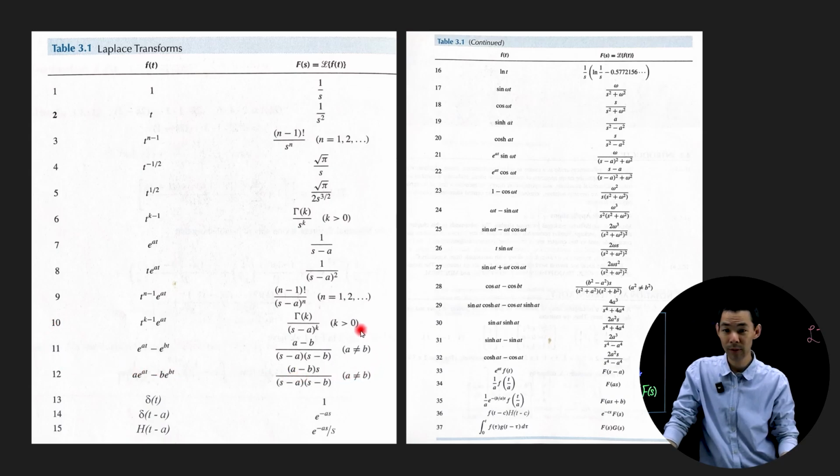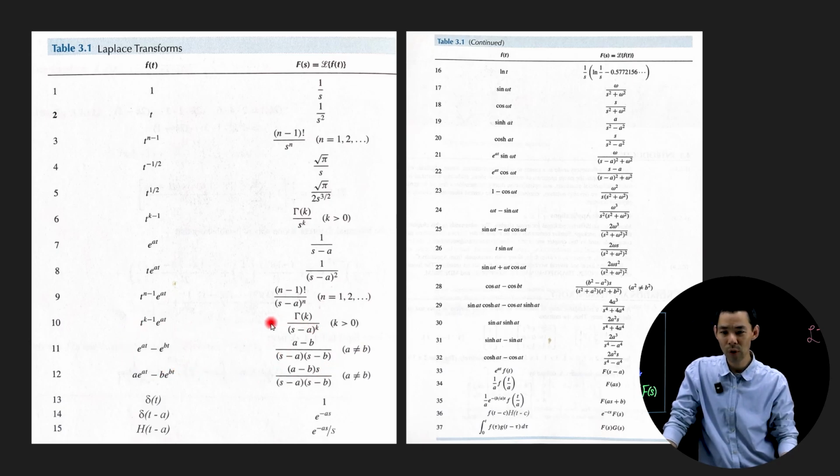This one right here that I'm circling, row number 11. So you look on the right-hand side. First of all, we're looking on the right-hand side because we're over in the Laplace domain. So we're looking for something that looks like the function we have that we can then transform back to the real domain.